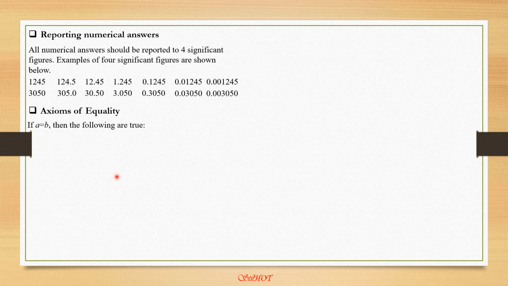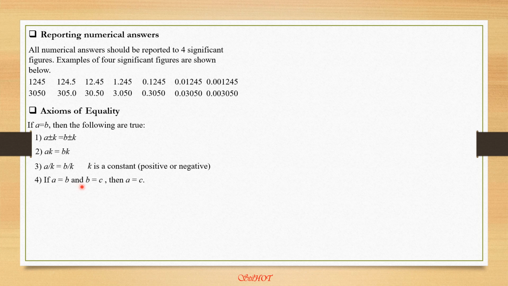First, A plus or minus K is equal to B plus or minus K. Then we have A times K is equal to B times K. And third, A divided by K is equal to B divided by K, where K is a constant, positive or negative. Then fourth, if A is equal to B and B is equal to C, then we conclude that A is equal to C. Of course, that's true.